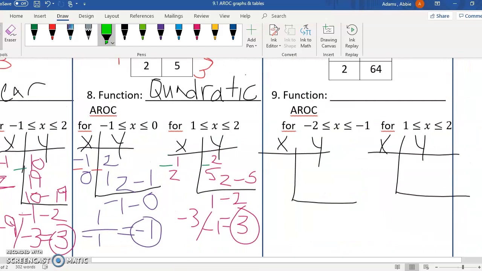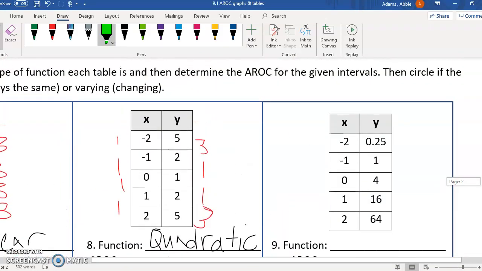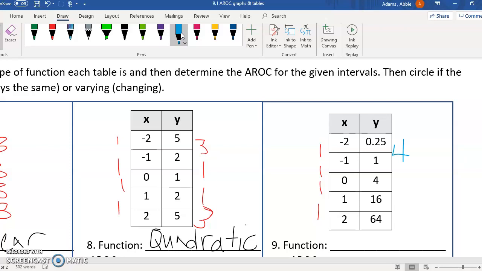Let's go to our last function. So problem 9. Let's look and see if we see a pattern here. So once again, we're increasing by 1s in our x's. But now, instead of adding, we're going to be multiplying on the right-hand side. So 0.25 times 4, or if I say 1 divided by 0.25, that's going to be 4.